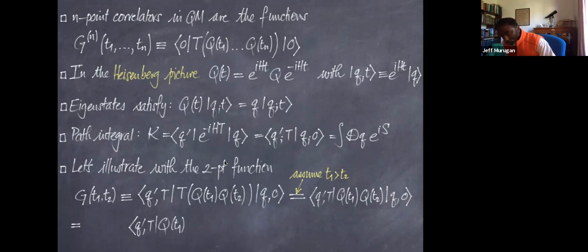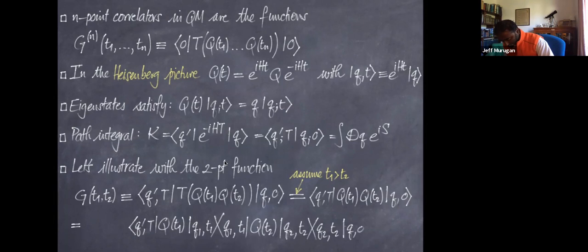Now I want to stick in a Q1 at T1, Q at T2, Q2 at T2, Q at naught, and because I'm resolving the identity here, I've got to integrate over the intermediate Qs, Q1 and Q2.